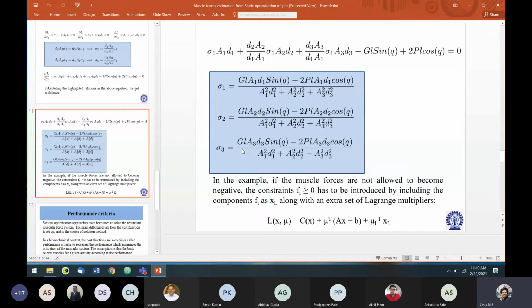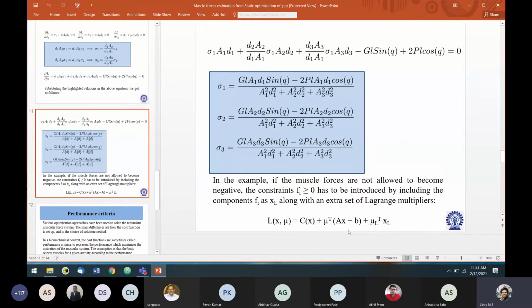But in this particular problem, we haven't incorporated the constraint where muscle forces are non-negative. To incorporate that, you will have to use more Lagrange multipliers. For example, if there are three forces, you will use nu A FA plus nu B FB plus nu C FC.